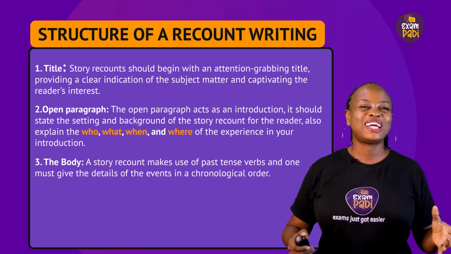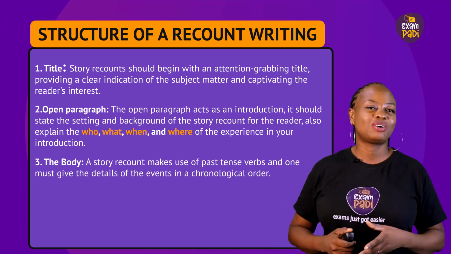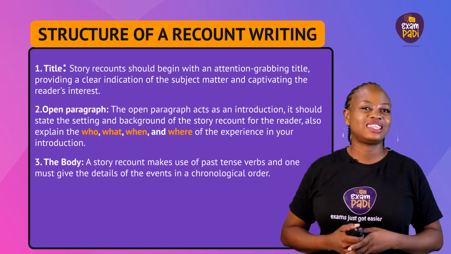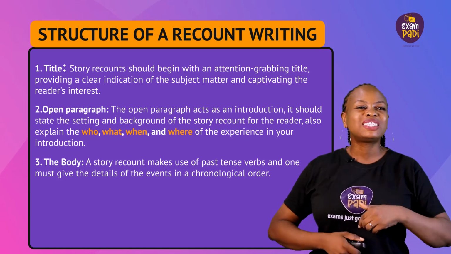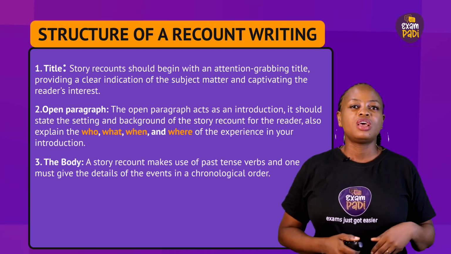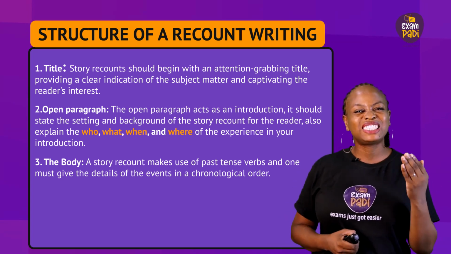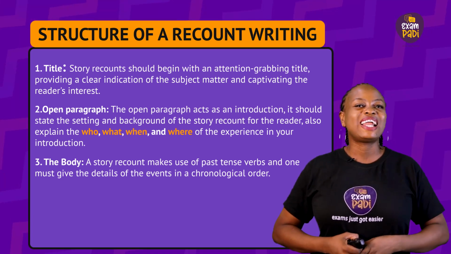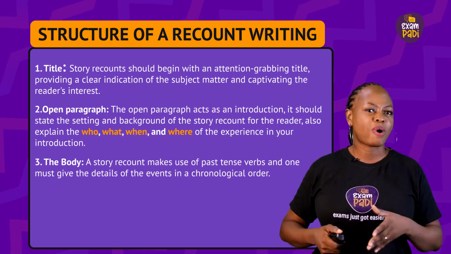3. The body. A story recount makes use of past tense verbs, and one must give the details of the event in a chronological order. Events are described in the sequence in which they occurred, and they can take up to 2 or 3 paragraphs.